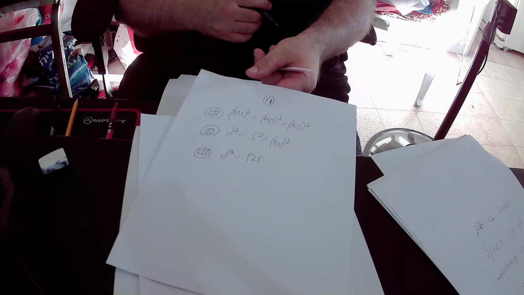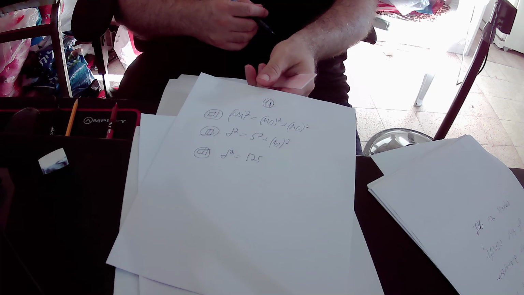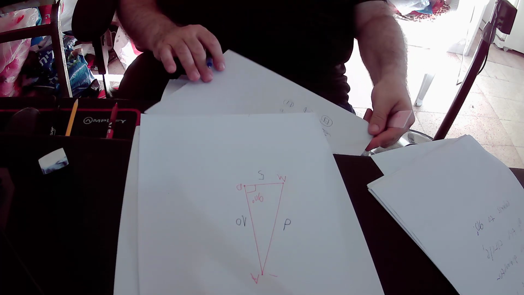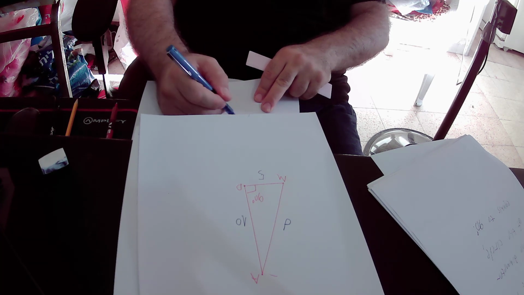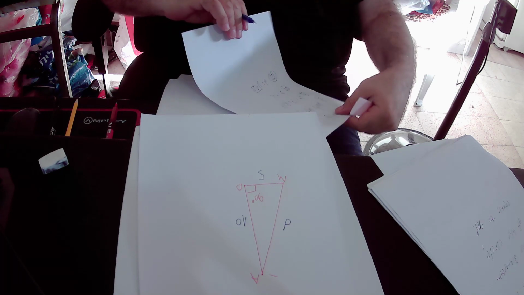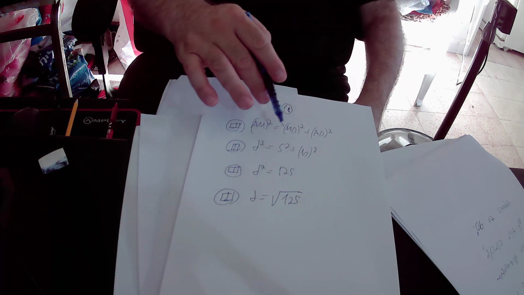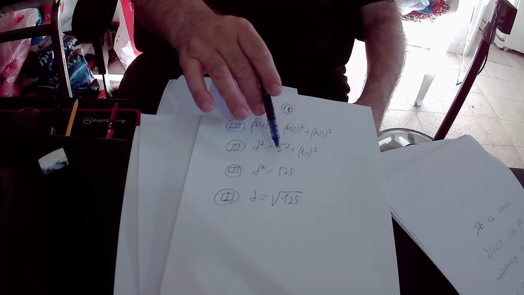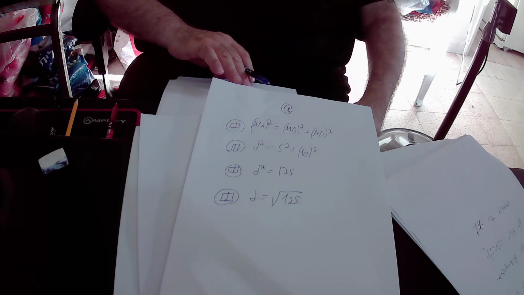Now we will take a root out of equation number 3. So the root of D square is D, and we have the root of 125.